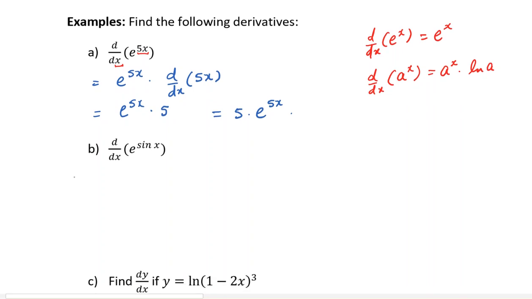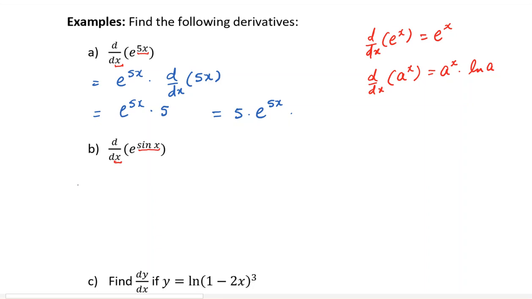Again, similar thing. The derivative of e raised to power sine x. We notice that we are taking the derivative with respect to x, but in the power we don't have only x, we have sine x. It means we need to apply the chain rule.